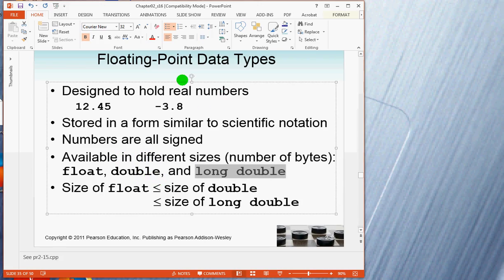What do you gain by having a double versus a float? In scientific calculations, you basically get more significant decimal places. With a float, you normally carry about 6 decimal digits. With double, you can carry up to 14. And with long double, you can probably carry 20-some.